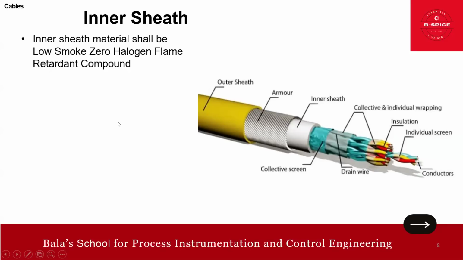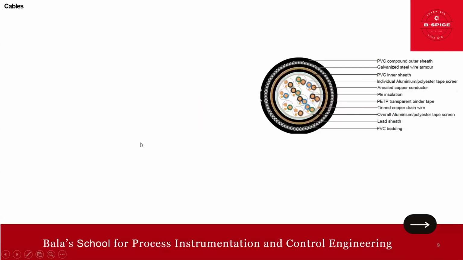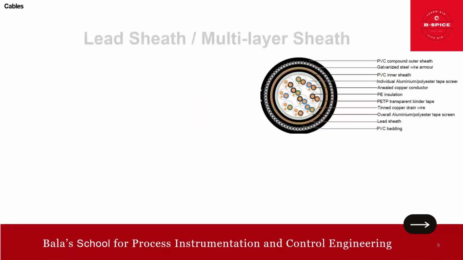Inner sheath shall be low smoke, zero halogen, flame retardant compound. That one, remember. Inner sheath shall be suitable for specified service, operating temperature, site condition, and cable design indicated in the cable data sheet. Inner sheath shall be extrusion type. So that's about the inner sheath.